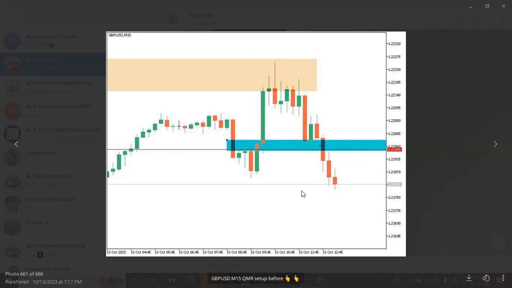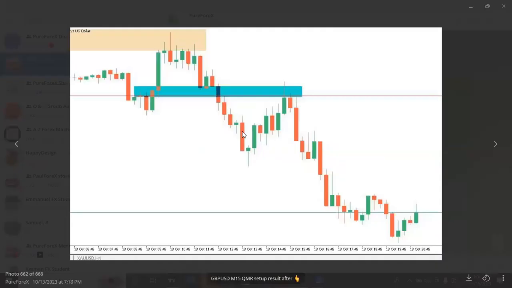But before the market breaches the lower low, this is what we call drop, base, drop. You see what I'm saying? Drop, base, drop. So this particular Quasimodo reversal also comes with an entry point. Let's see how the market reacted.